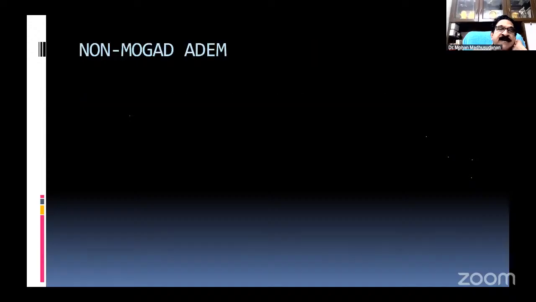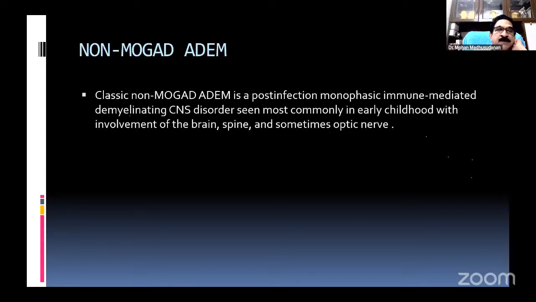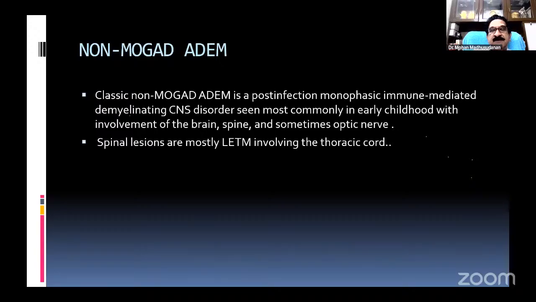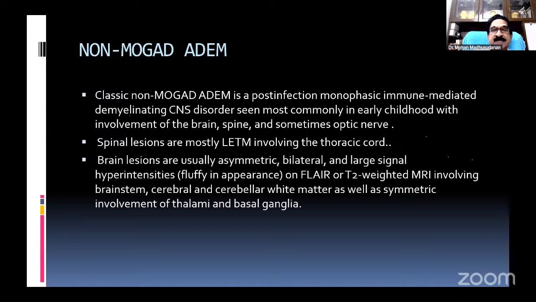Classical non-MOGAD ADEM is a post-infection monophasic immune-mediated disorder, seen mostly in early childhood with involvement of the brain, spine, and sometimes optic nerve. Spinal lesions are mostly LETM involving the thoracic cord. Brain lesions are asymmetric. This is from the literature.